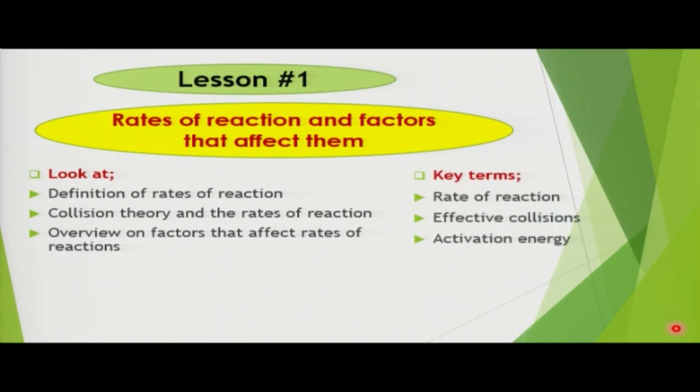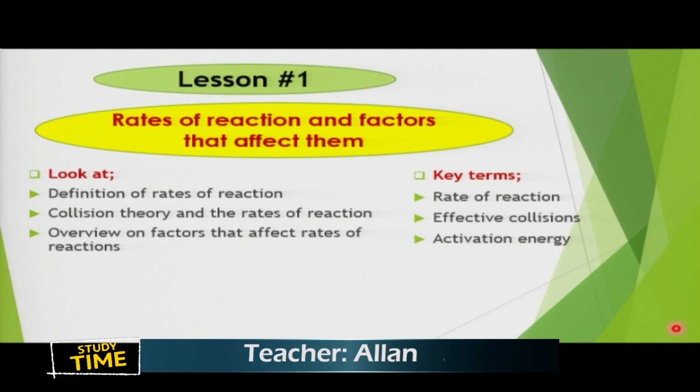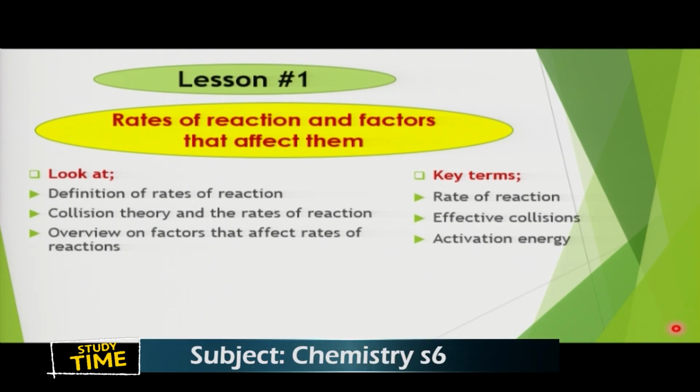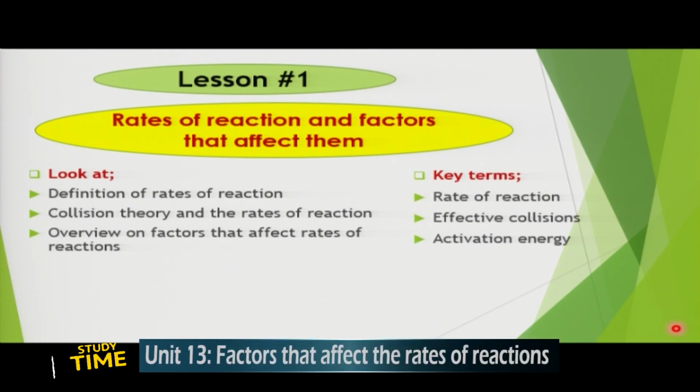So as usual, we always have the key terms in every lesson. For today's lesson, there are 3 key terms. One is rate of reaction. What is it exactly? Then effective collisions. We shall talk much more on that. Can we have collisions which are not effective?